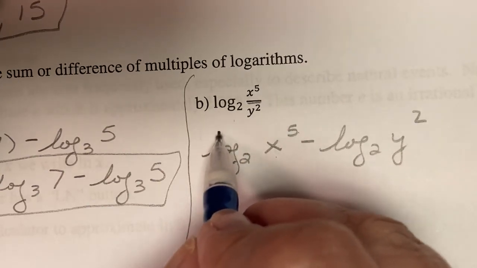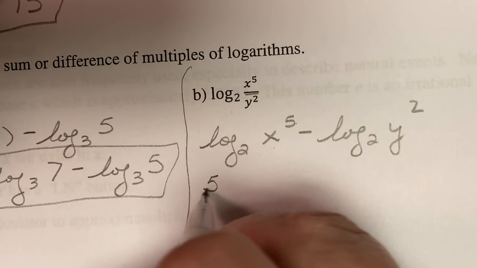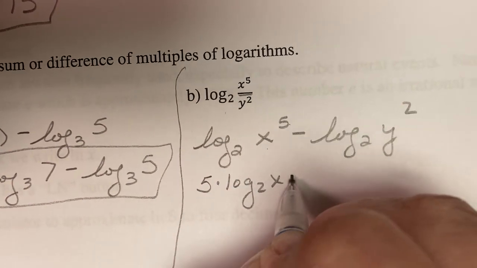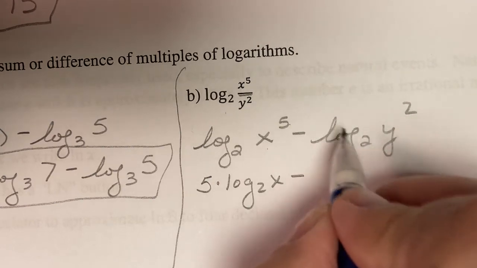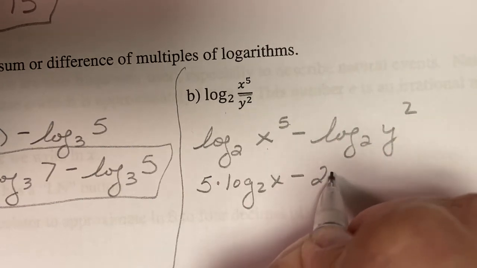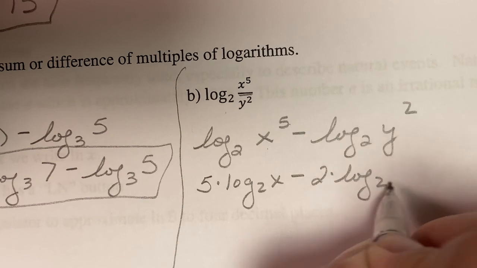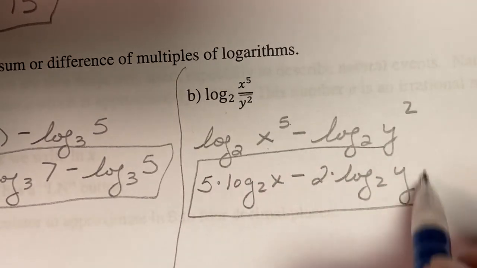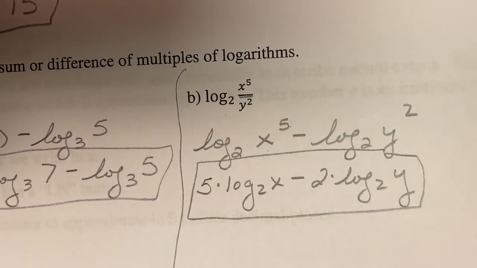Remember, it goes down in front. So this is going to become 5 times log base 2 of x minus, same thing with this 2. It's going to come down in front, 2 times log base 2 of y. And you are done.